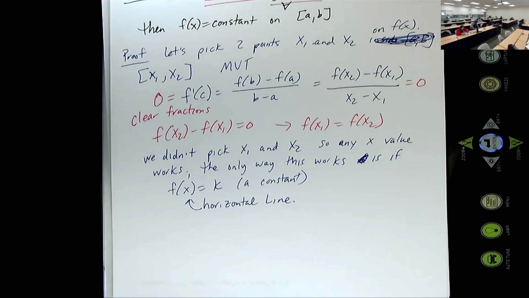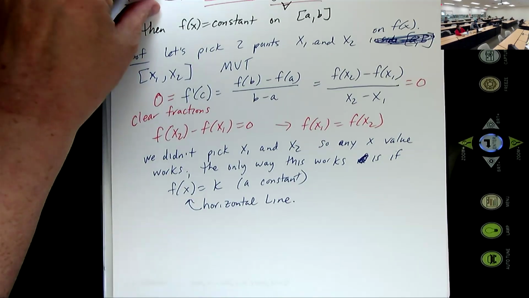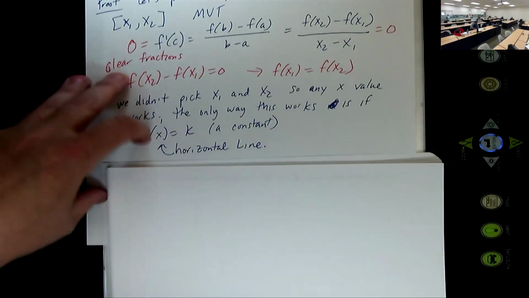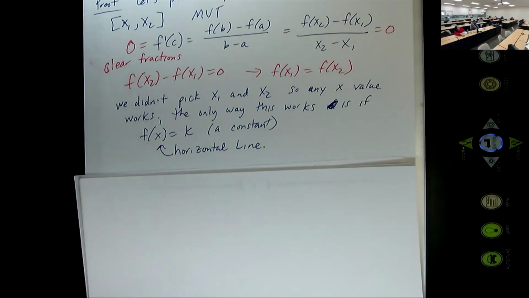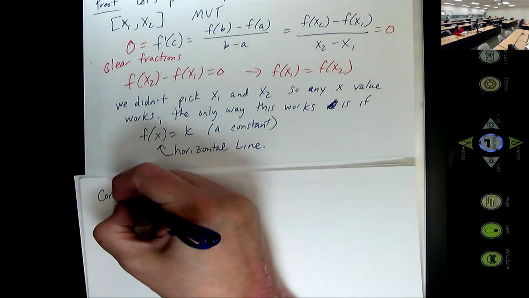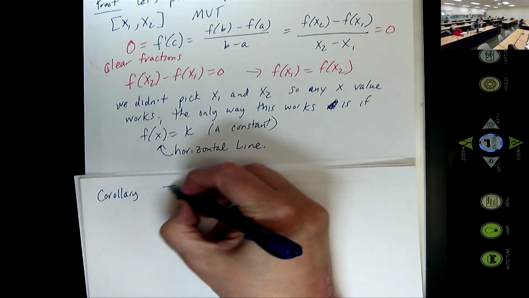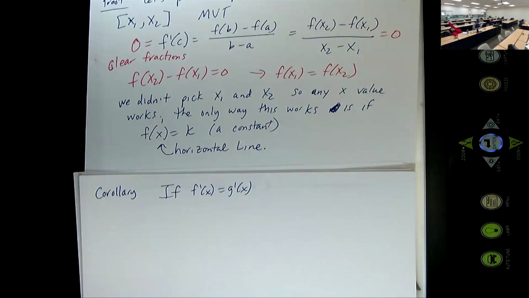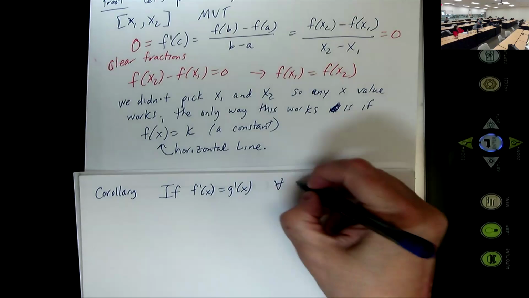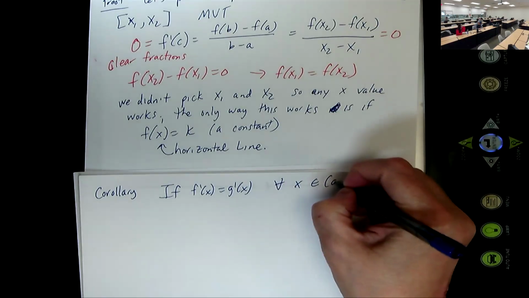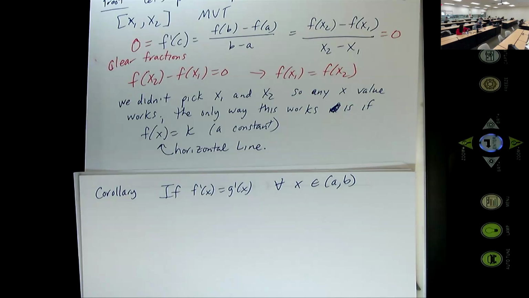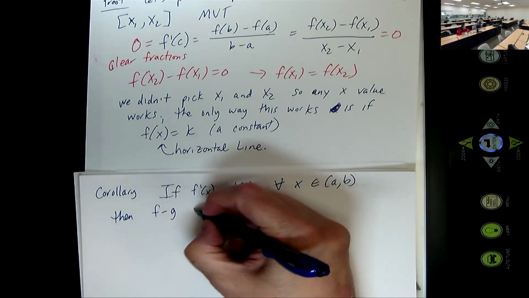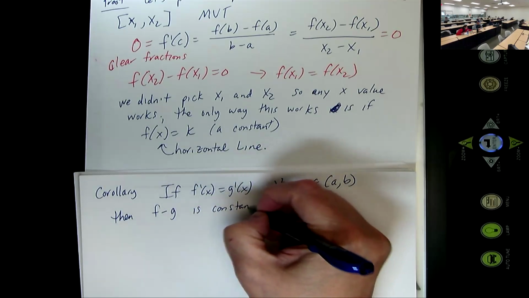The next one kind of stems from it though, and we're gonna use it. Not today, it's not on your test, but it's worth putting in your head now. This is a corollary to the last one. If f prime of x equals g prime of x for all x in AB, then f minus g is constant on AB.